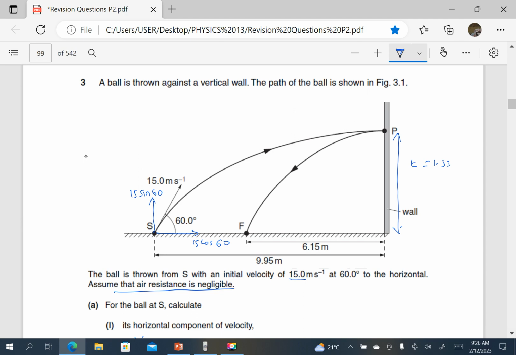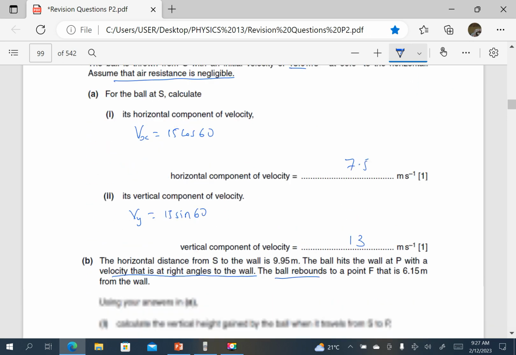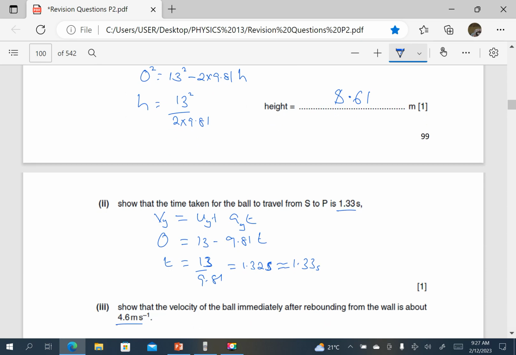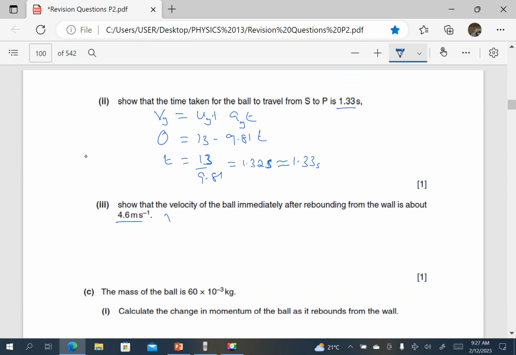If we consider vertical height, we can still show that the time is the same. Therefore, since the vertical height is the same, the time to land is again going to be equal to 1.33 seconds.